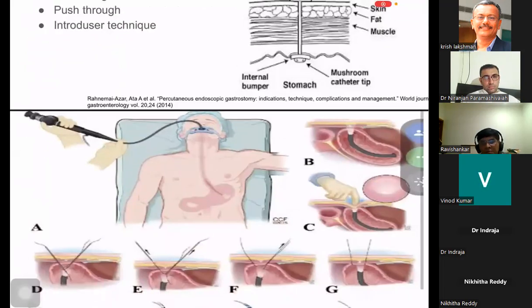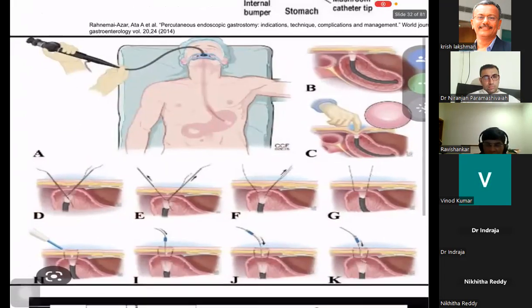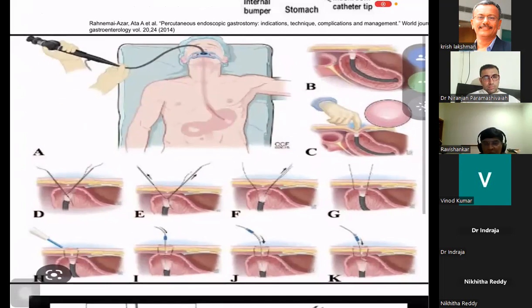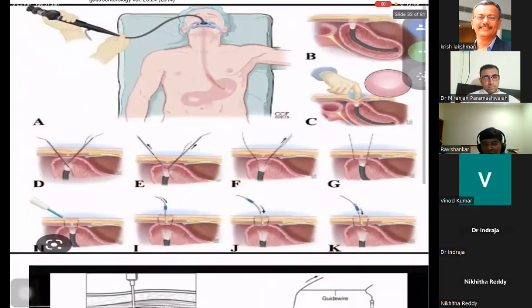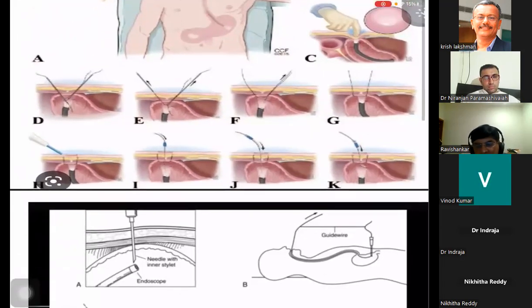The patient in supine position has the endoscope passed, and under transillumination of light, we incise the abdomen and enter the stomach, and a guide wire is pulled into the mouth along with the biopsy channel.